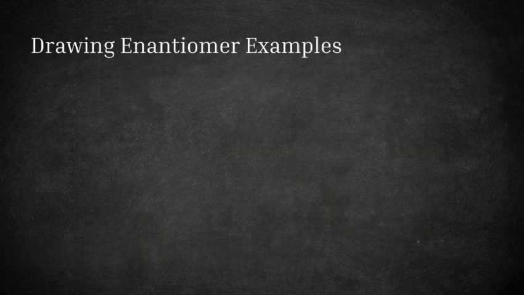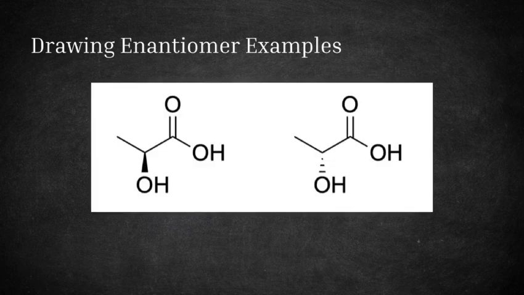Let's observe this in molecules we've already seen. In lactic acid, the central carbon is attached to a hydroxyl group, a carboxyl group, a methyl group, and a hydrogen atom, creating an asymmetric or chiral carbon. Lactic acid therefore has one stereogenic element, meaning it can exist as a pair of stereoisomers known as enantiomers of lactic acid.